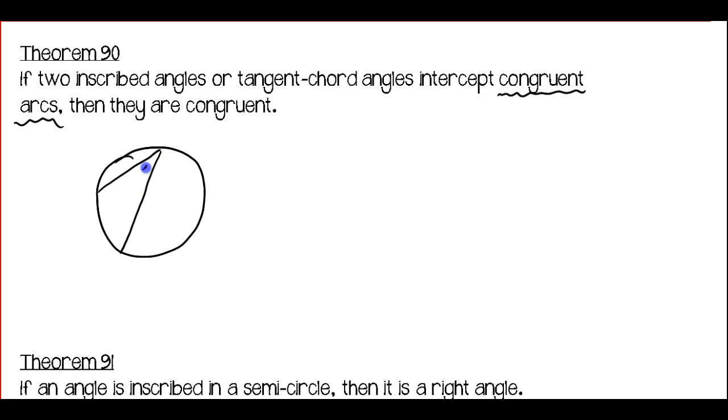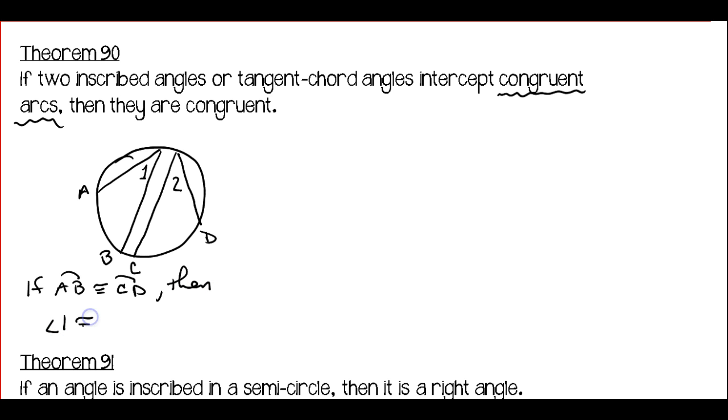Here's angle 1, an inscribed angle, and here's angle 2, also an inscribed angle. We've got arc AB and arc CD. If arc AB is congruent to arc CD, then angle 1 would be congruent to angle 2.